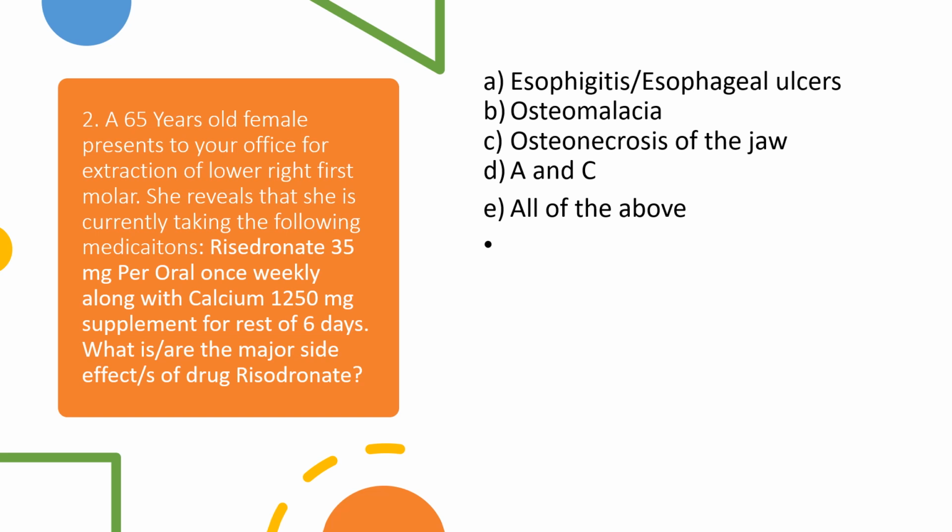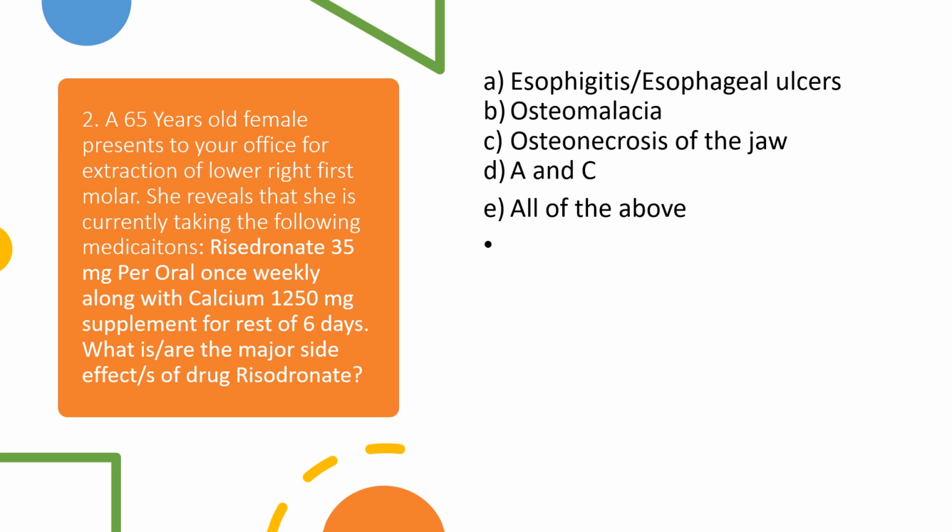Option A, esophagitis, esophageal ulcer. Option B is osteomalacia. Option D means A and C, and option E is all of the above. So we know that risedronate is also known for causing esophageal ulcers. One of the reasons for this is that you need to ask the patient to sit upright when taking this medication.